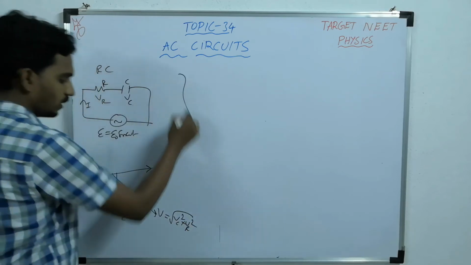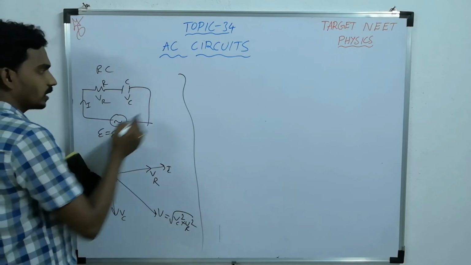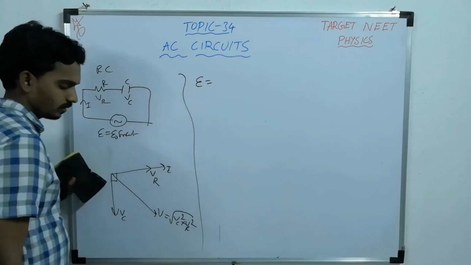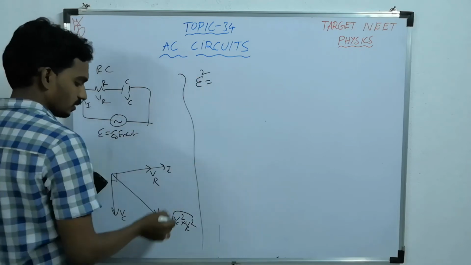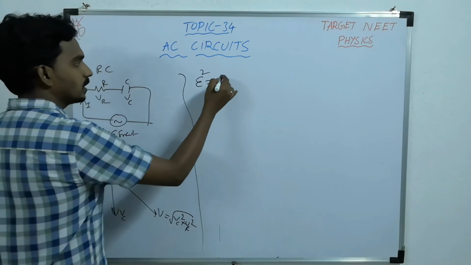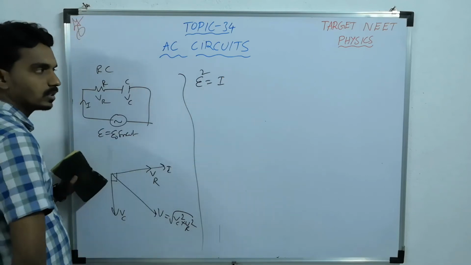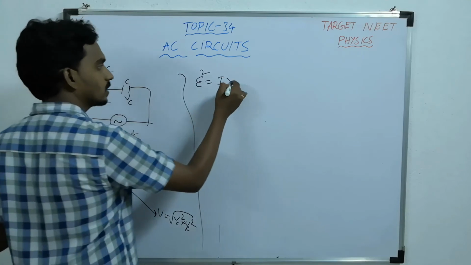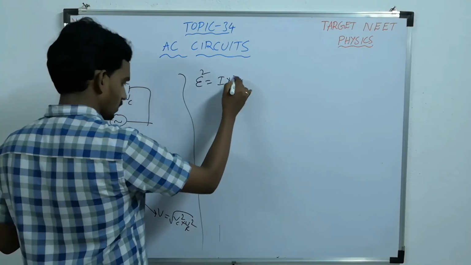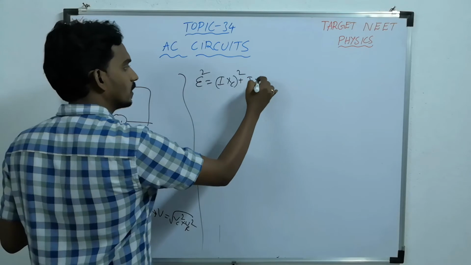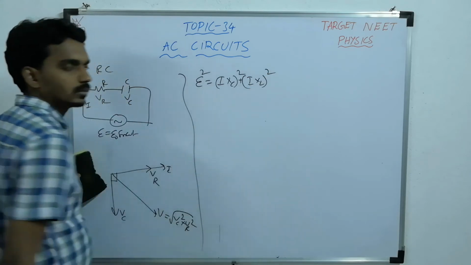If you take that, the resultant voltage, the EMF, equals under root of VC square plus VR square. VC means current times the resistance of the capacitor, that is I XC, whole square, plus I R, whole square.